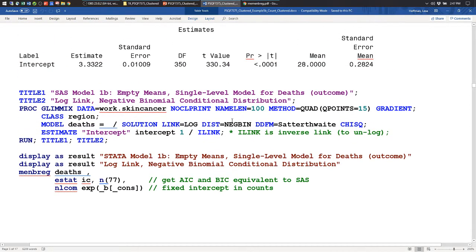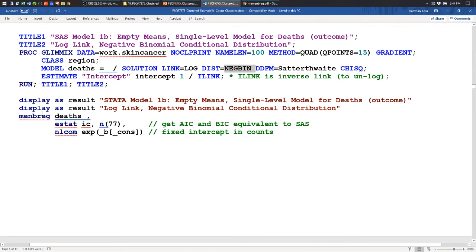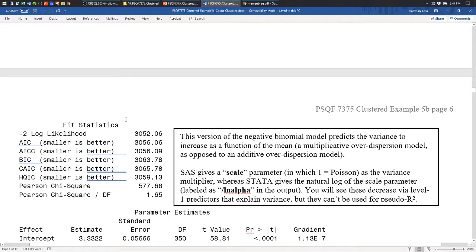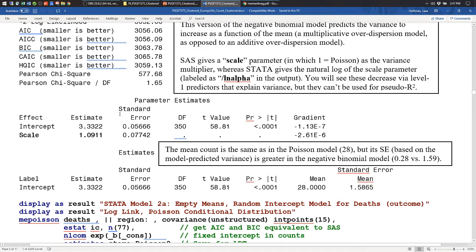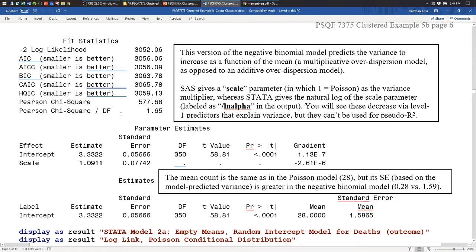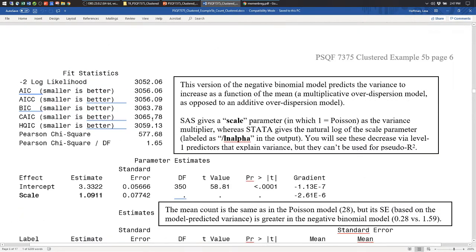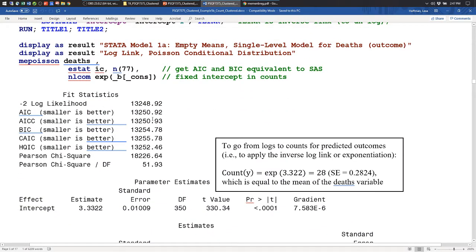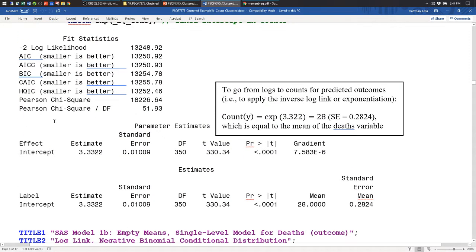So if I swap out Poisson for negbin, and I swap out ME Poisson for menbreg, I end up with some new information. You haven't seen this yet. This thing right here starts to show up for different distributions: Pearson chi-square over degrees of freedom.